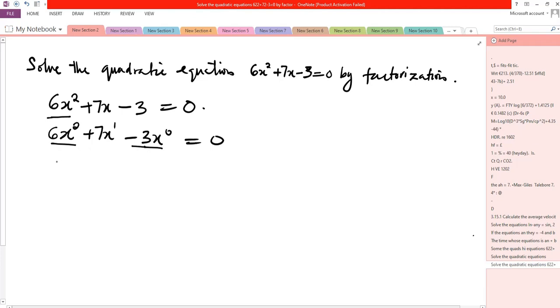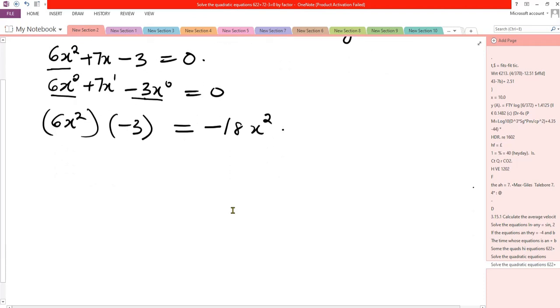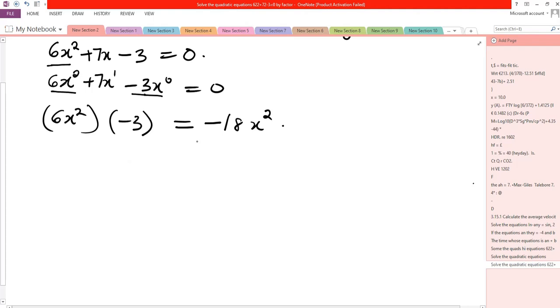So it will be 6x squared times minus 3. Both of these will give us minus 18x squared.